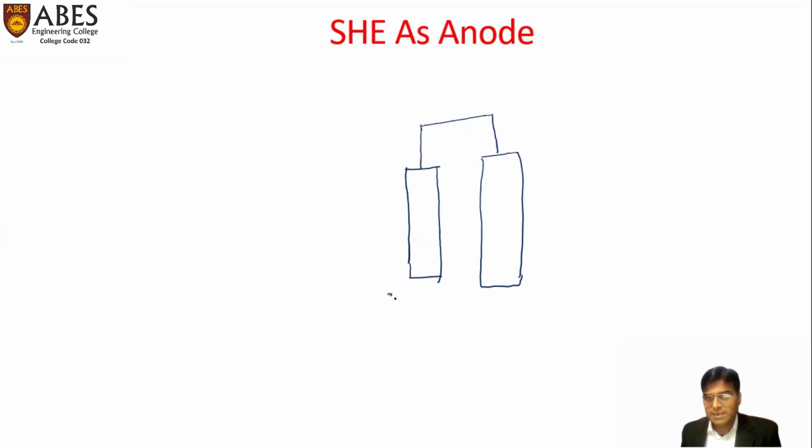Suppose this is the standard hydrogen electrode and this is the copper rod. Here, the standard hydrogen electrode works as the anode and the copper rod works as cathode. The electrons are generated here.